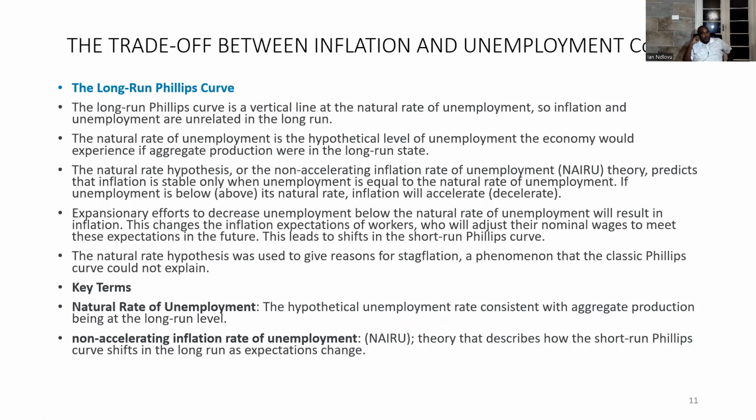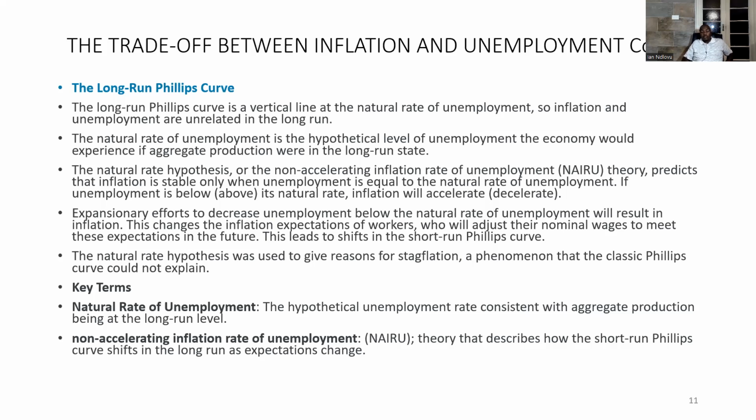The natural rate hypothesis, or the non-accelerating inflation rate of unemployment, called the NAIRU theory, predicts that inflation is stable only when unemployment is equal to the natural rate of unemployment. If unemployment is below or above its natural rate, inflation will accelerate or decelerate.